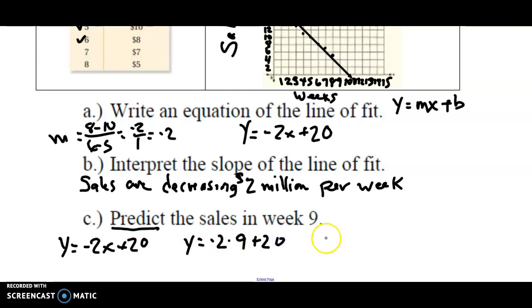Plug that into our calculators, and we are going to get $2 million. And make sure you do label it million, because that's what it's about. If you just do $2, it obviously would be a wrong answer, because 2 million and $2 are 2 completely different things.